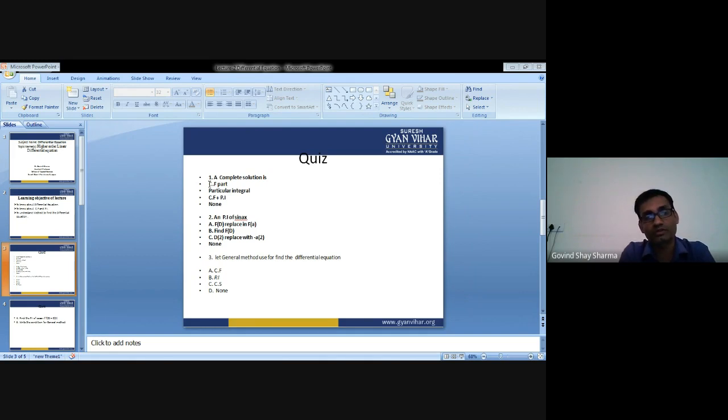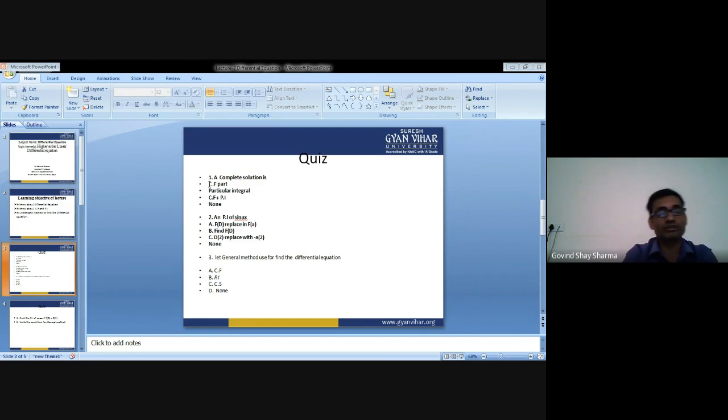Okay friends, now the general method is used to find the differential equation. Where do we apply the general method? For which part do we find it, CF, PI, or CS? For CF, there is a method: we find CF by forming the auxiliary equation and finding the roots of the auxiliary equation.